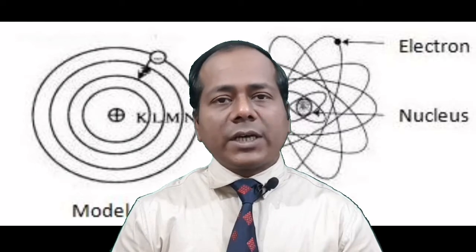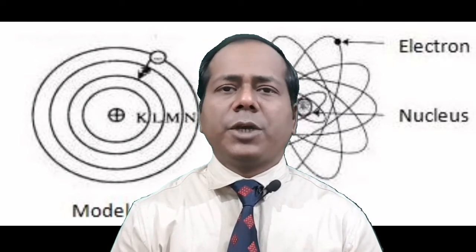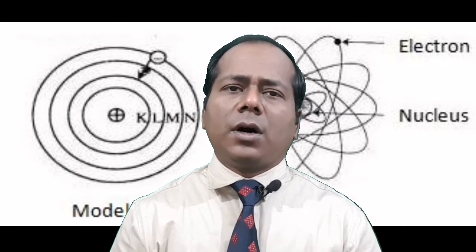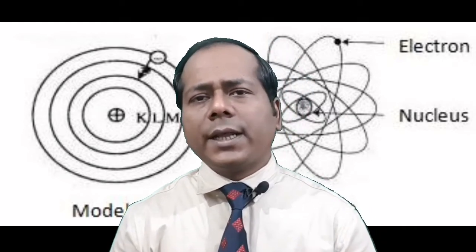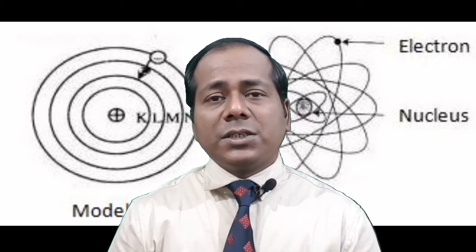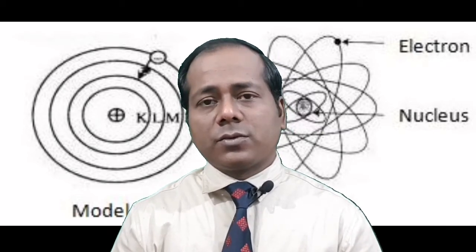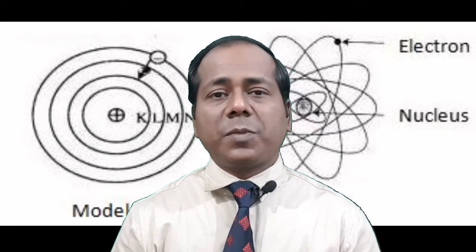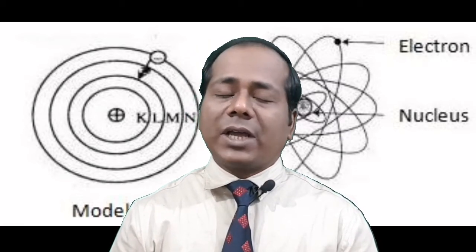According to Rutherford's model, continuous atomic spectra should be obtained because of electrons' continuous emission of energy. But in reality, spectral lines are obtained from atoms. Rutherford's model cannot explain the origin of atomic spectra lines.